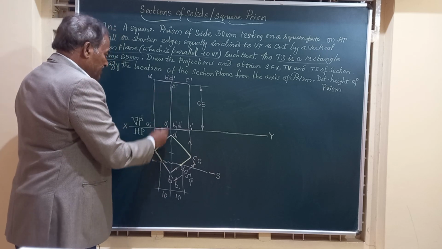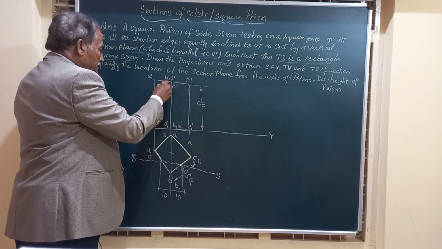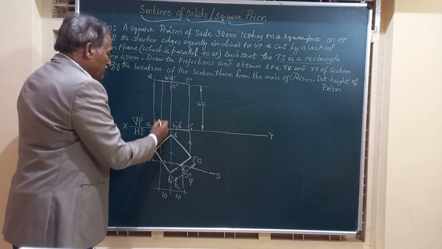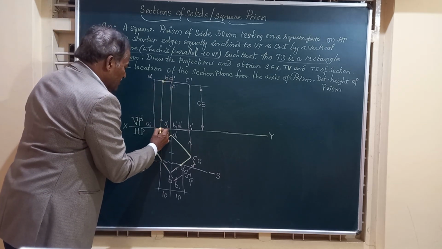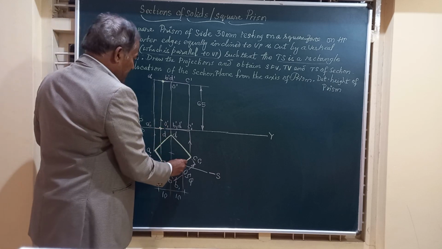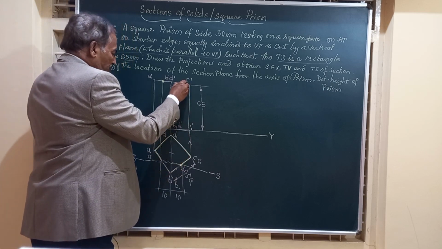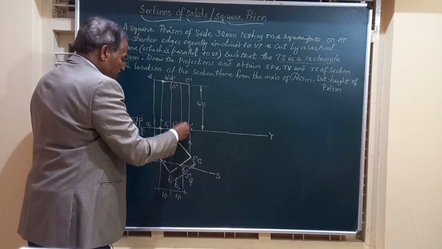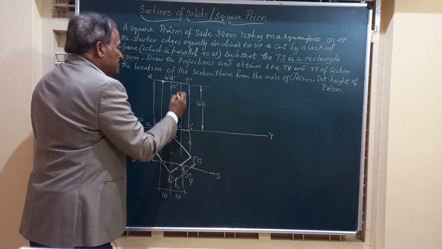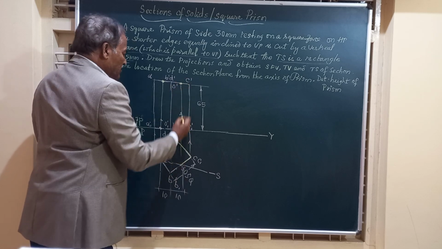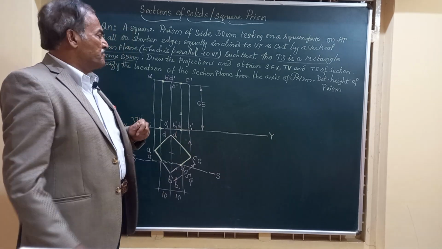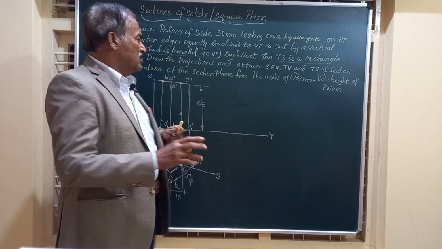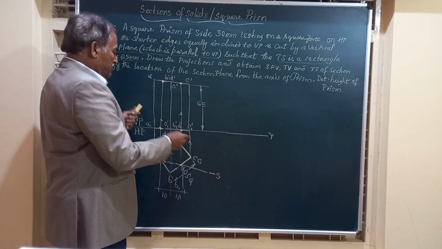So friends, I can just extend a line from here and show it is cutting at the top face and also the bottom face. Likewise, from this if you take, again it is cutting both the top and bottom faces. So one point is here, the other point is here. So friends, basically there are 4 points, 2 on the top face, 2 on the bottom face.